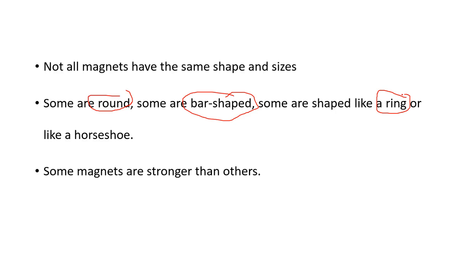A speaker has a magnet and that magnet has a hole at the center. So that is a ring magnet. And some magnets are shaped like a horseshoe.